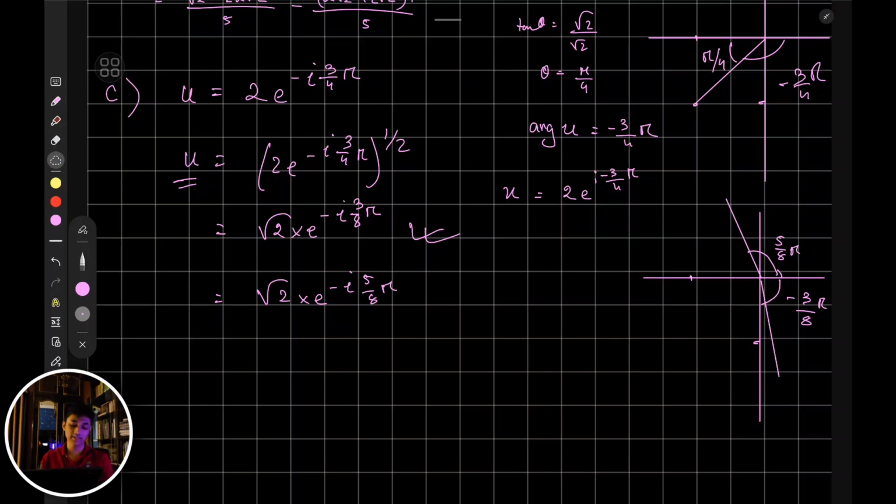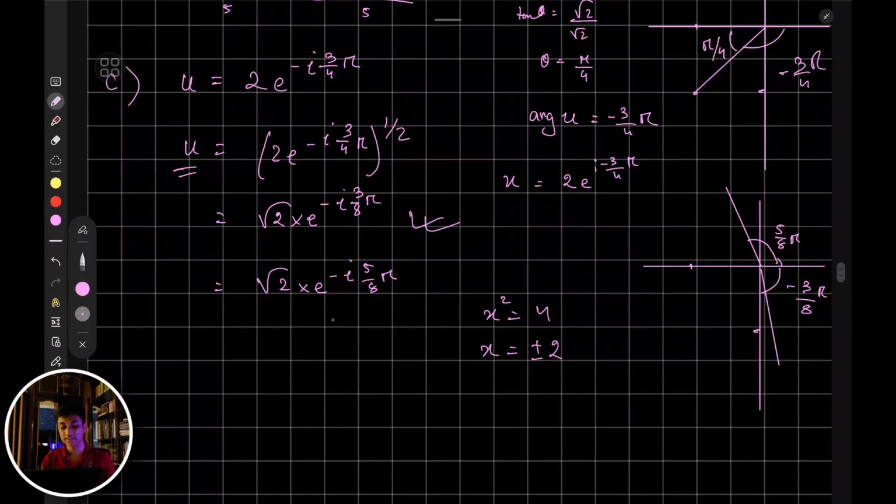Let's say if you use the concept of normal algebra, if x squared is equal to 4, you get plus or minus 2, right? So even in this case, when you're trying to root the value, you're going to get two values of theta.